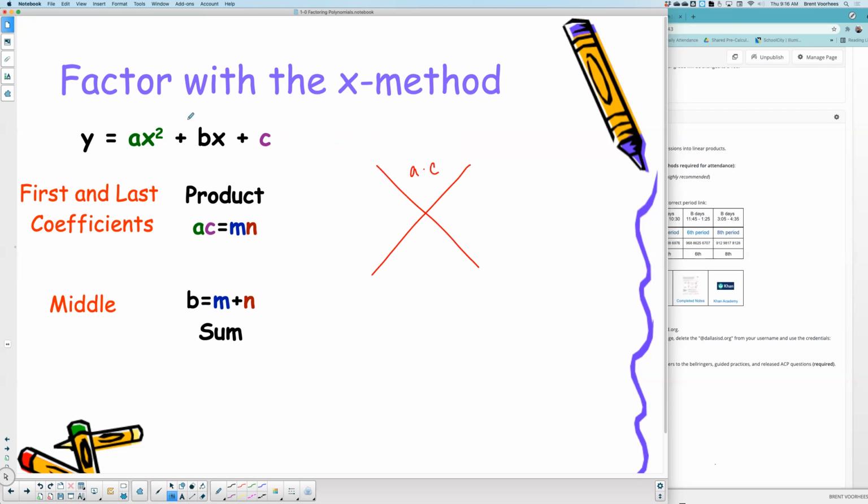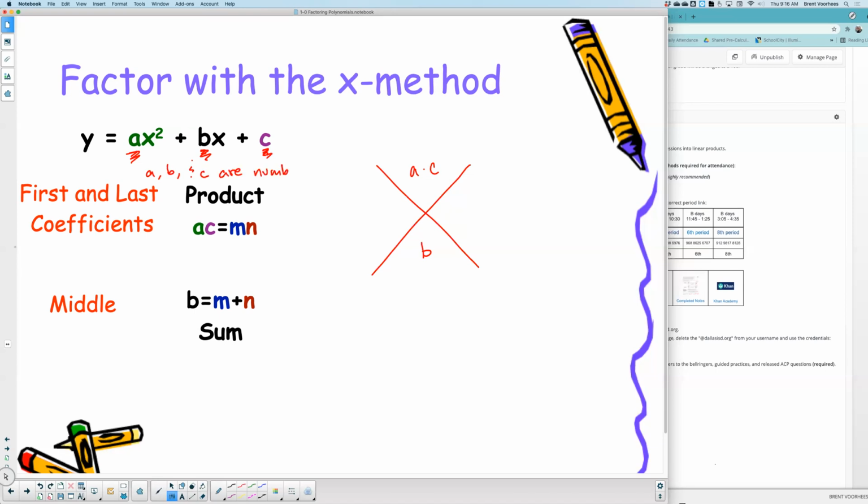Whatever my a times c is will go at the top of my square. At the bottom of the square, I will put the coefficient b. Now remember, b is going to be a number. a, b, and c are all numbers. These are supposed to be squigglies. They're not anything in particular. These are all numbers. a, b, and c are numbers.